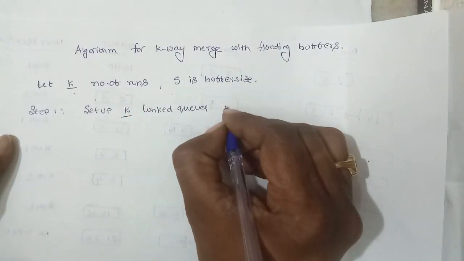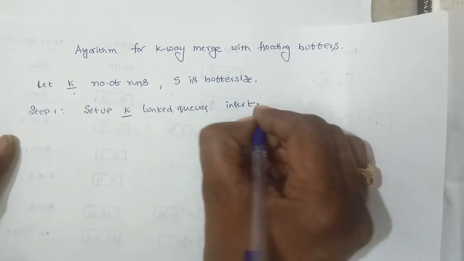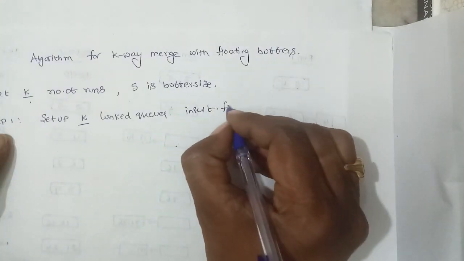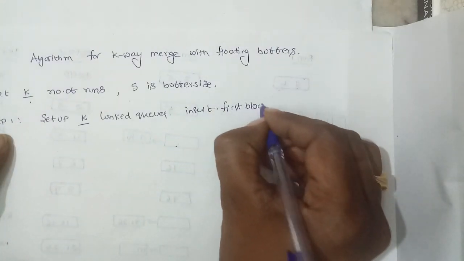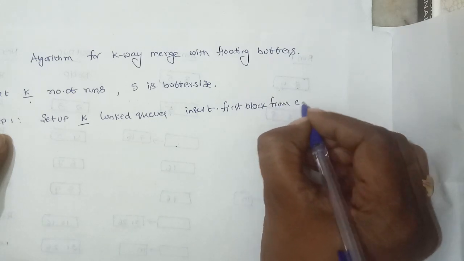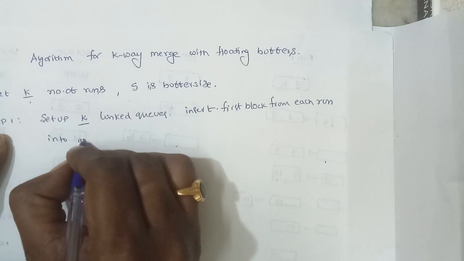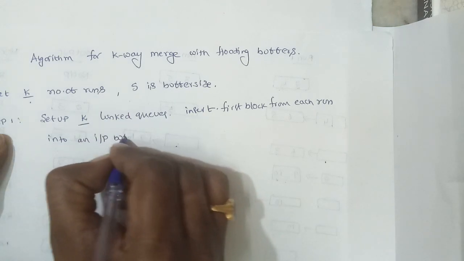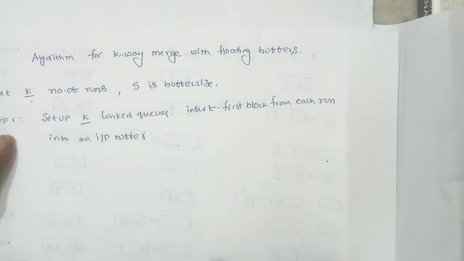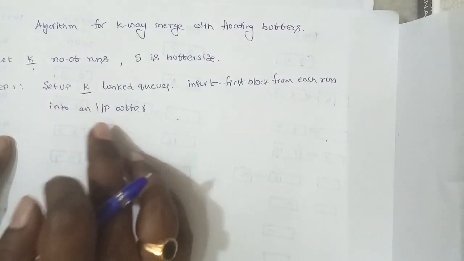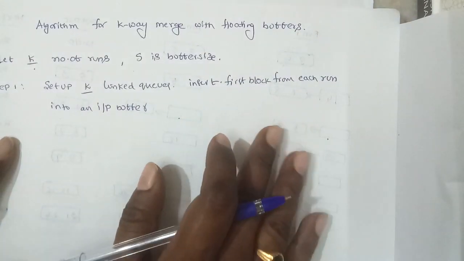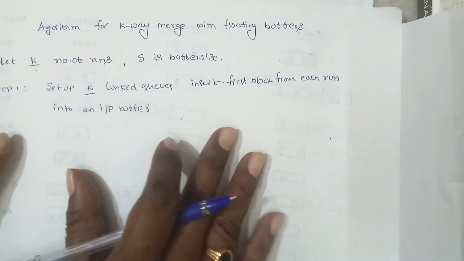Then what is the first step? Insert the first block from each run into an input buffer, that is, block 1 from run 1 is copied into an input buffer, and block 1 from run 2 is also copied into an input buffer.